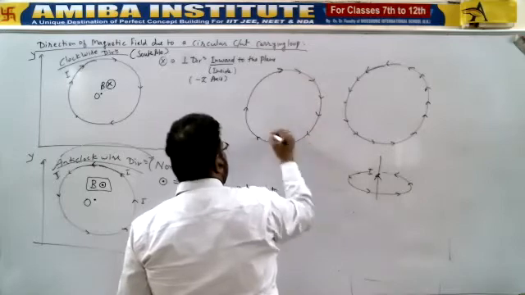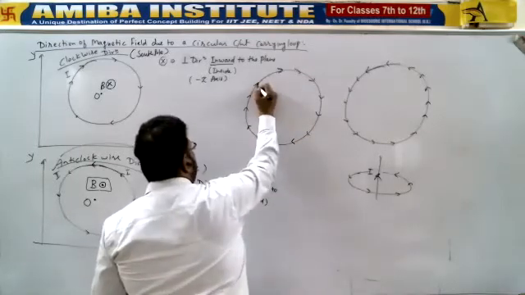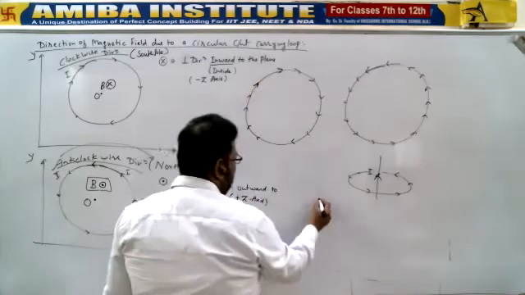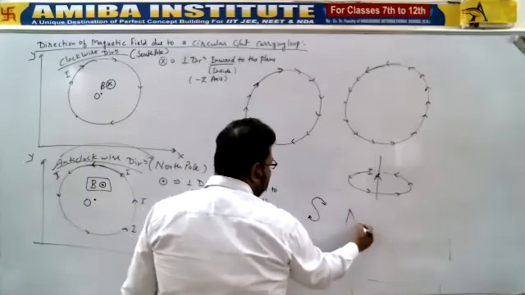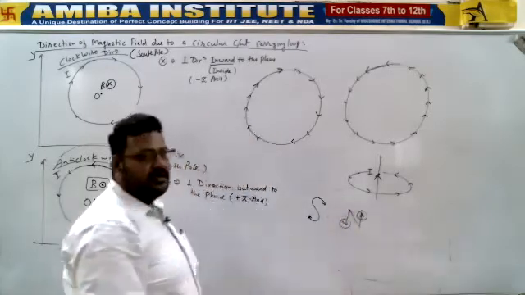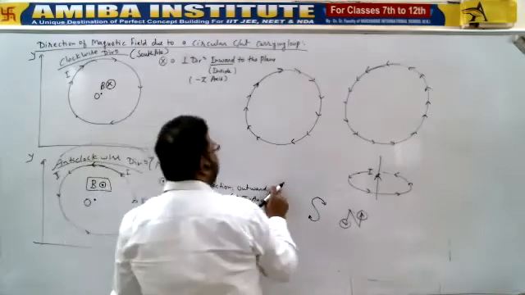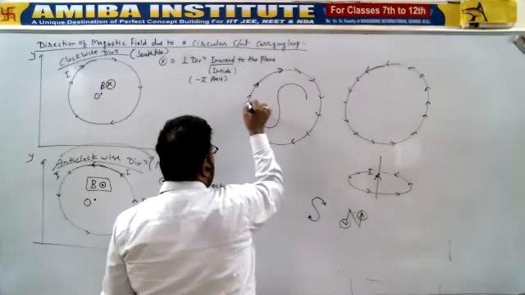Either inside it I can draw south in such a way that the endpoints of south and the endpoints of north should match with the arrows of the current. So let's suppose I draw the south here in such a way. You can check it.